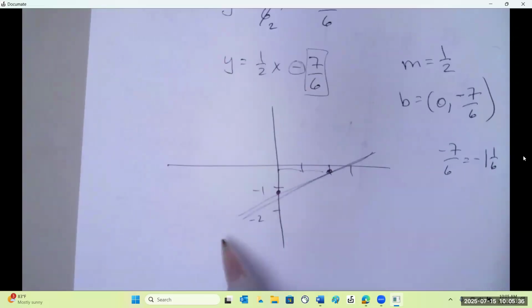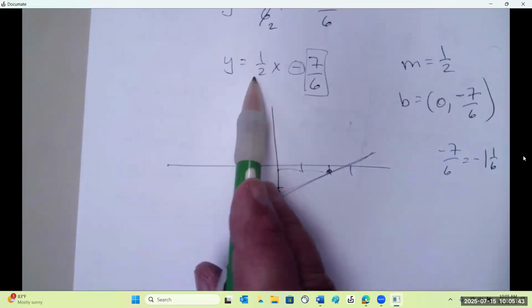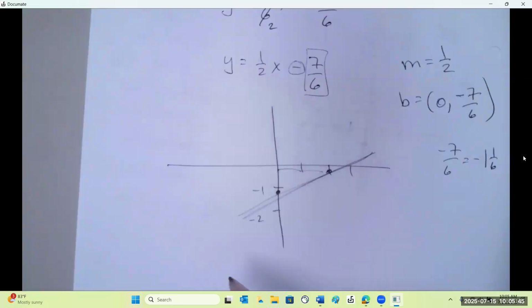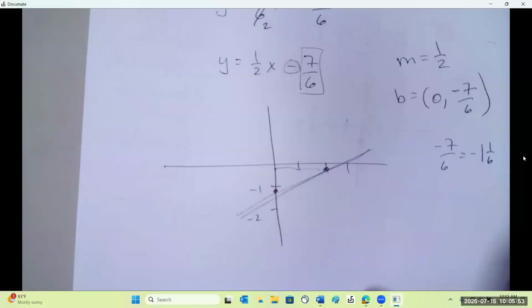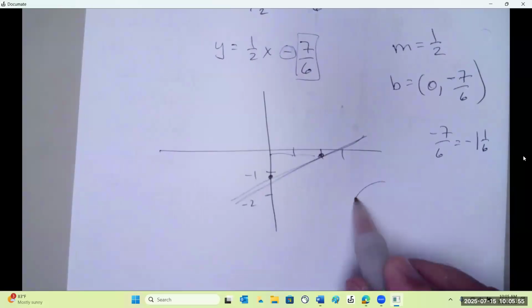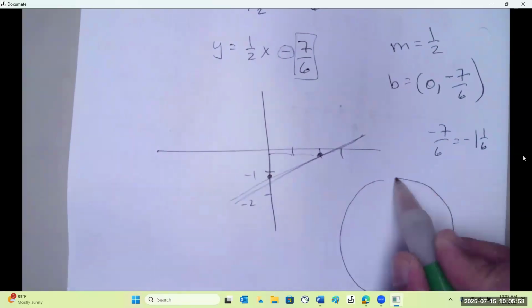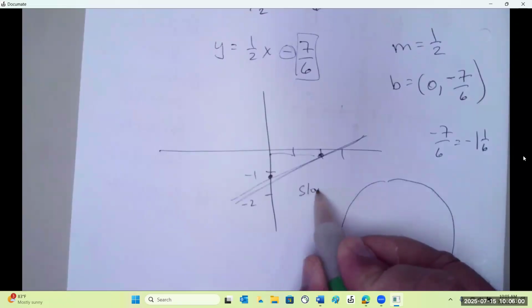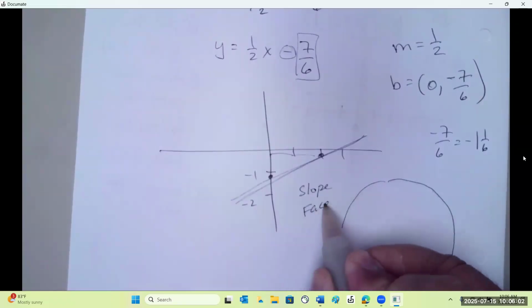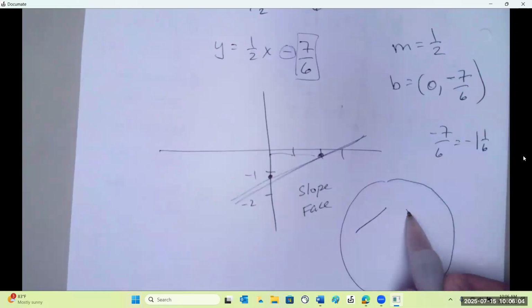How do I know my graph's supposed to be in this direction instead of down? My slope is positive. That's very true. If the slope is positive, it goes up as you go left to right. If it's negative, it goes down. To help you memorize all those, we use slope face.